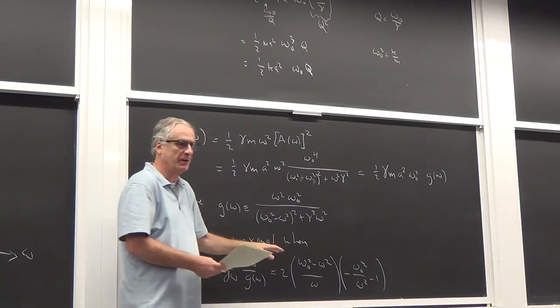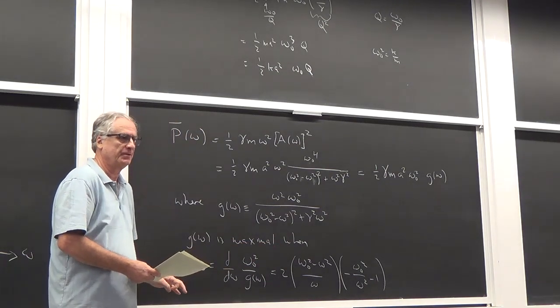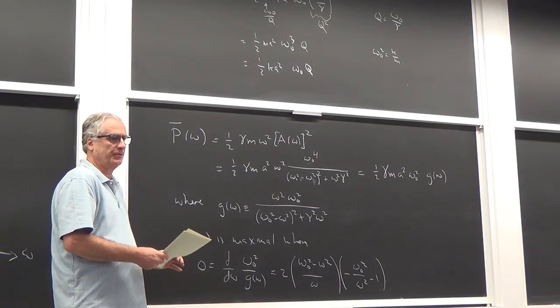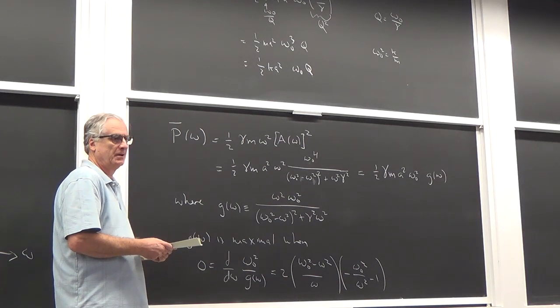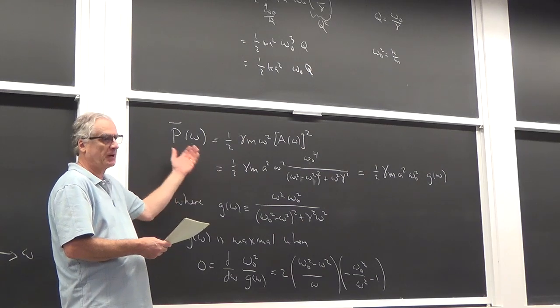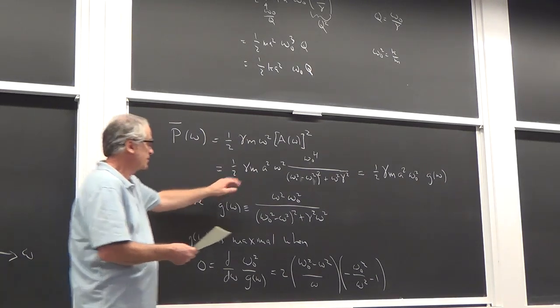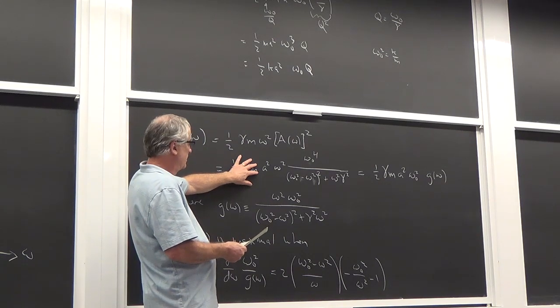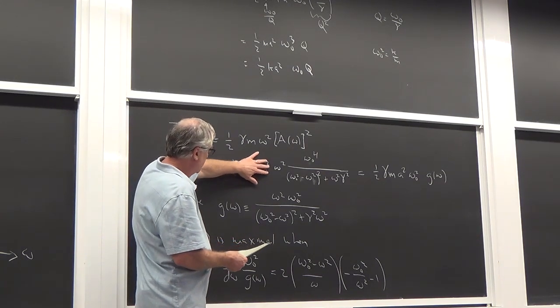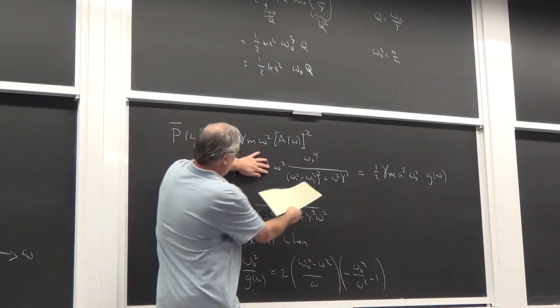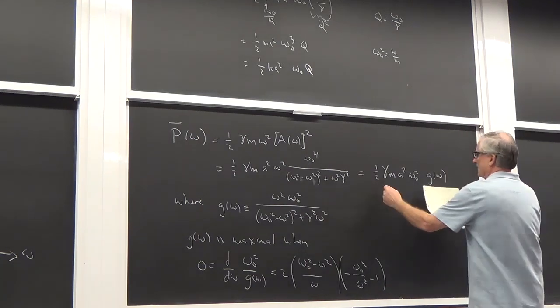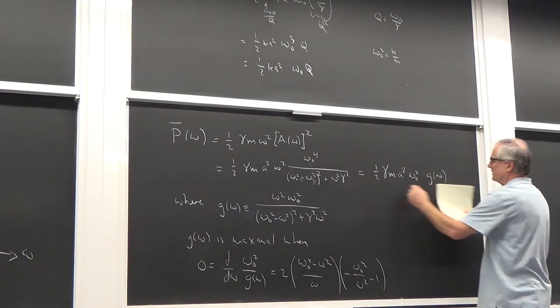But basically, G of omega describes the power that's being dissipated. It's proportional to the power dissipated. I could use power itself instead of G of omega, but I just didn't want to deal with extra constants. Right, because I defined it up to, here's what it is. The power is this constant times G of omega.